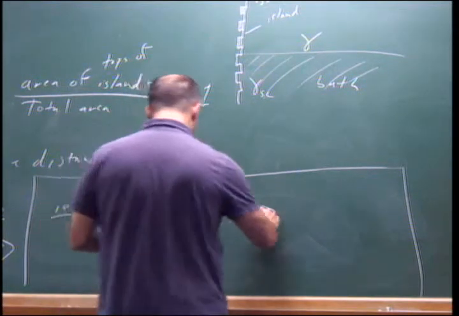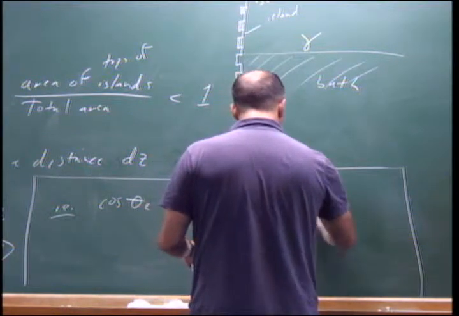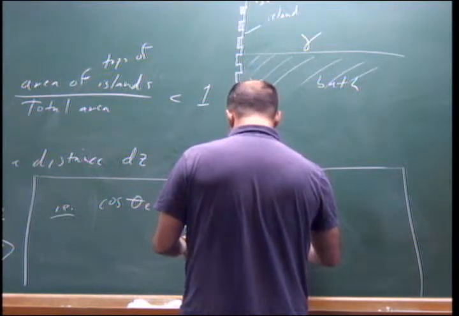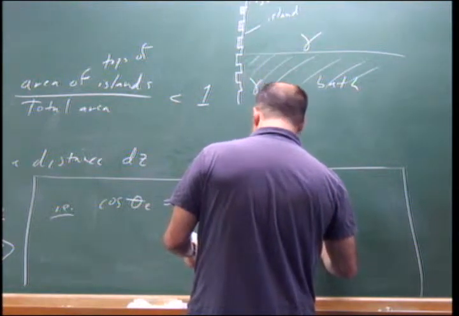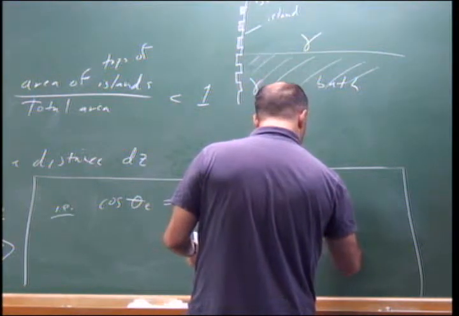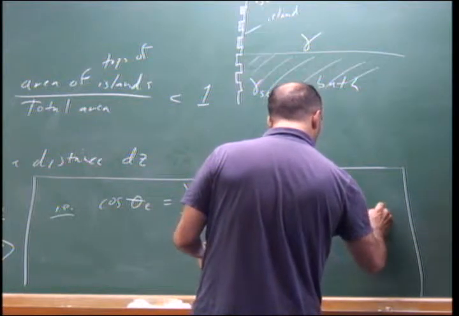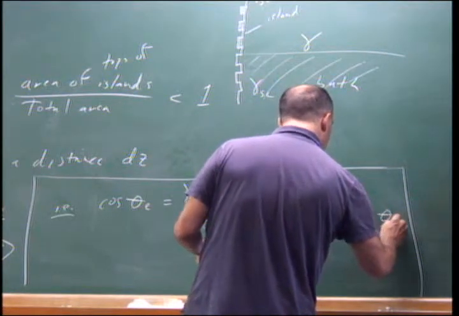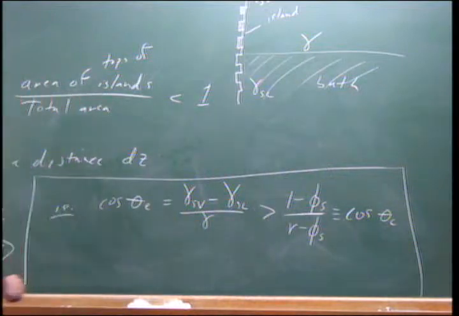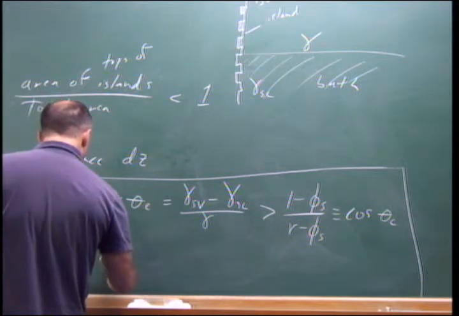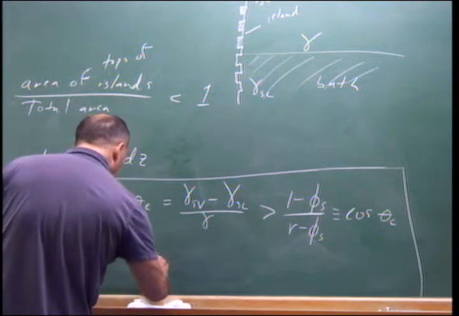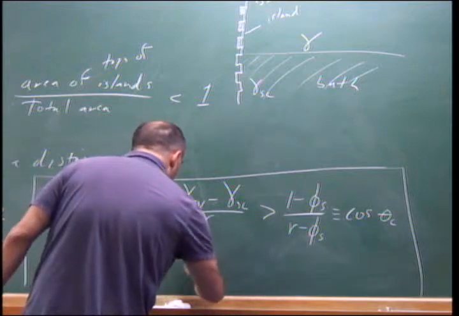So when cos theta is greater than some critical value, which depends on the shape, I'm going to call this cos theta c, this is going to go spontaneously if the equilibrium contact angle is below this critical angle.